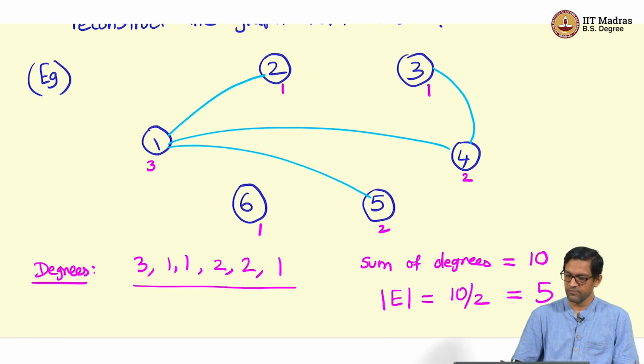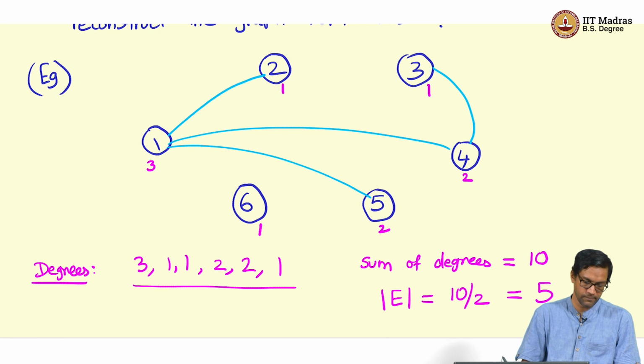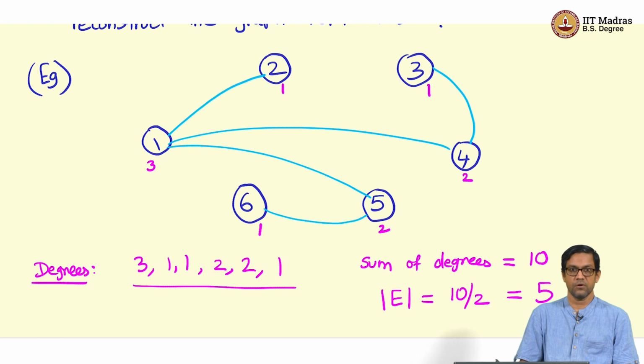So 3 has one friend, 4 has 2 friends, both of that is done. Now 5 and 6, so let us connect 5 to 6 likewise, and observe that this graph satisfies all the required degree conditions. The degrees or the number of friends of each vertex is exactly what we have specified. So this is one way of doing it, but it turns out this is not the only way.